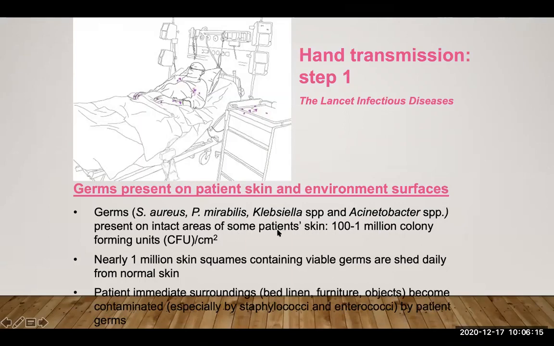These are very resistant organisms and can result in massive pathogenesis in patients. Bed linen, furniture and objects are all contaminated, the patient's immediate surroundings. So this is step one of hand transmission.